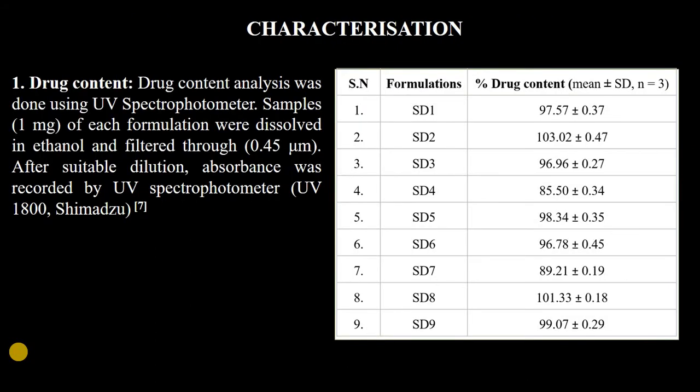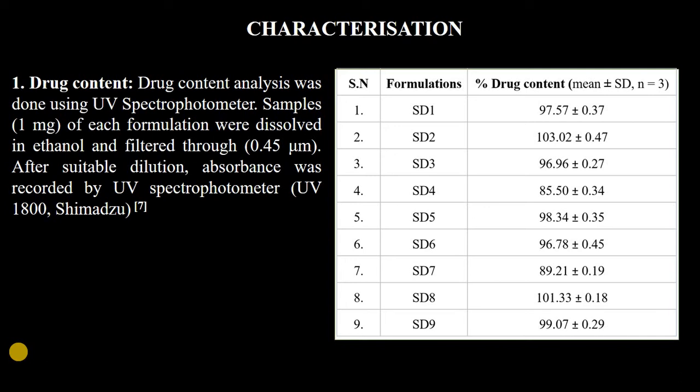Characterization. The first characterization is drug content. The drug content analysis was done using UV spectrophotometer. 1 mg of sample of each formulation was dissolved in ethanol and filtered through a 0.45 micrometer filter. After suitable dilution, absorption was recorded by UV spectrophotometer.